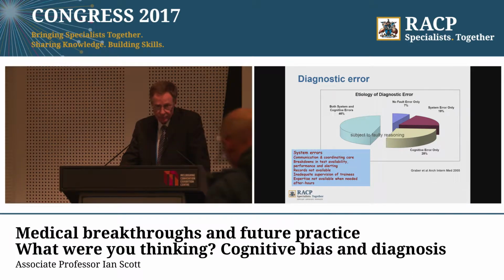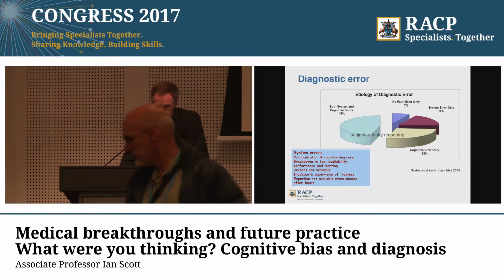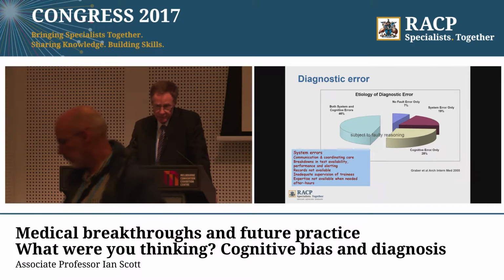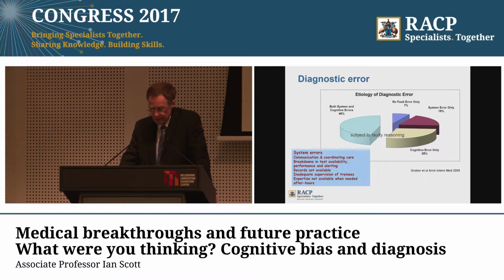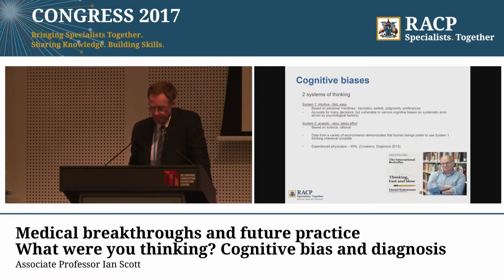About 1 in 20 of errors may be purely system, but the remainder, the other 80%, do involve some degree of cognitive error. And in some cases, at least a quarter, it's more or less pure cognitive error alone. So there is an interdependence between system and human, but nevertheless there is a strong predominance of a cognitive component.